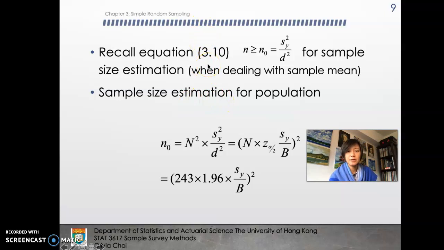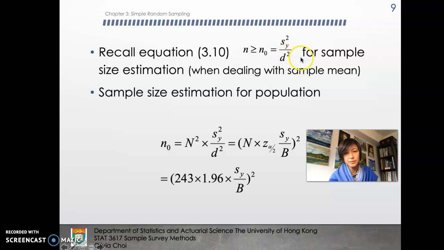With the 3.10, previously we talked about the mean. We derived a formula saying the sample size could be assessed by N naught, which depends on the variability of our y bar, our sample mean, and also D squared. D is the bound of standard error. D equals the bound of error divided by the critical value.